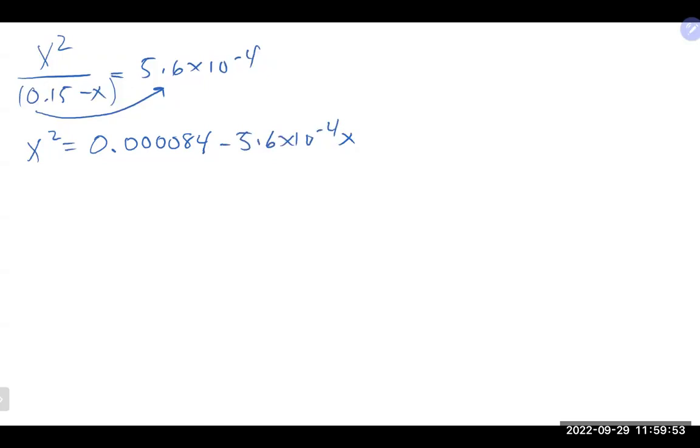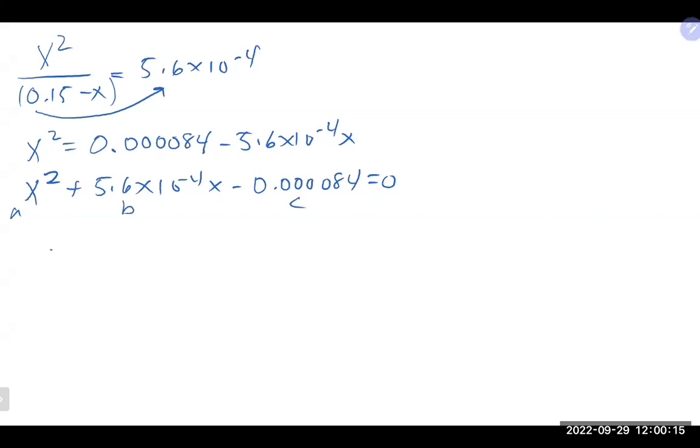Bringing everybody to the same side gives me something like x squared plus 5.6 times 10 to the minus 4 x minus 0.000084 equals 0, right? That's going to be our a, b, and c.